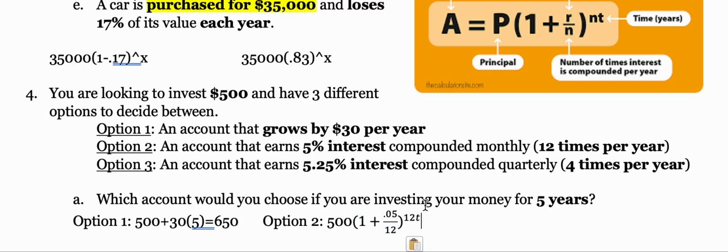And what does this equal when t is how many years? We're talking about 5 years, so t, being the number of years, is going to equal 5.